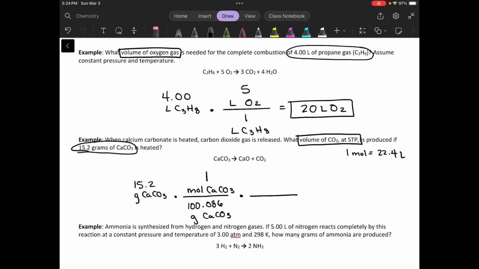Here, we're going to do a mole to mole ratio. So I started with calcium carbonate. They're asking me about carbon dioxide. From our formula, it's just a 1-to-1. Our equation is just a 1-to-1 ratio.